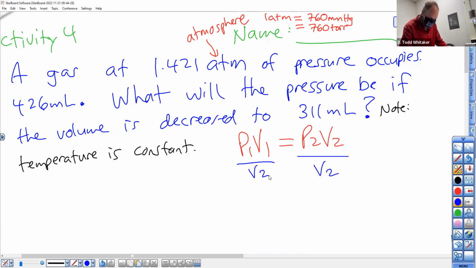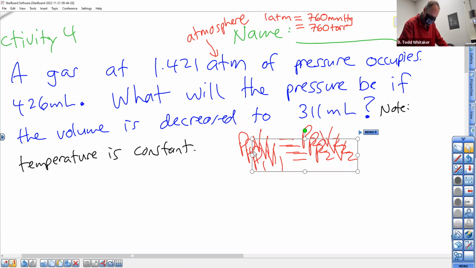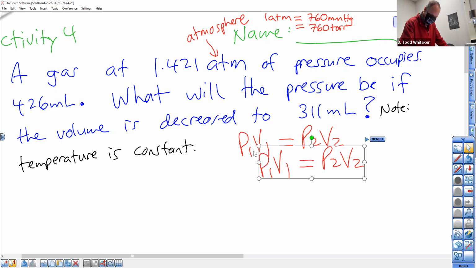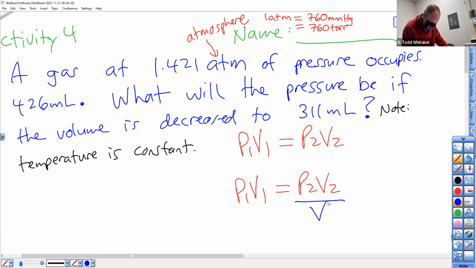Once again, I don't like doing it that way because you don't know where you started. We started with that. That's the truth. And I'm dividing both sides by V2. Why? Because if I do that, then V2 disappears from here, leaving me with P2, which is what's asked for in the question.